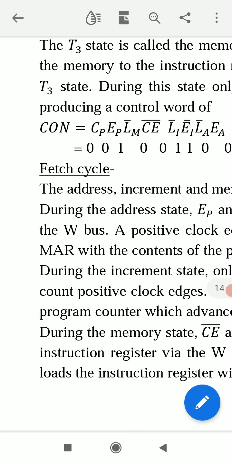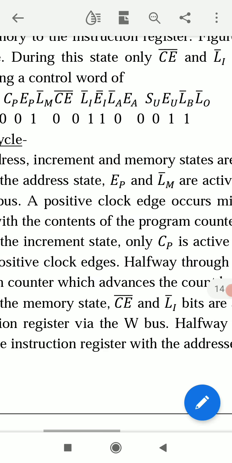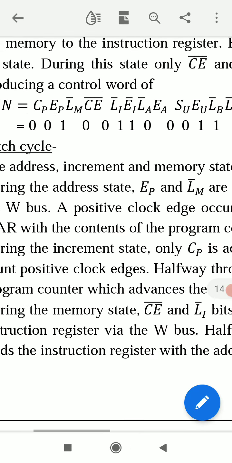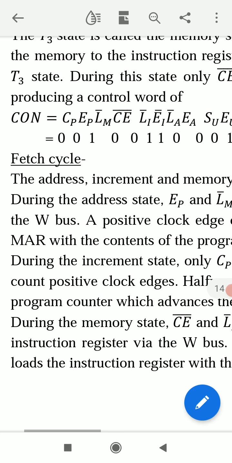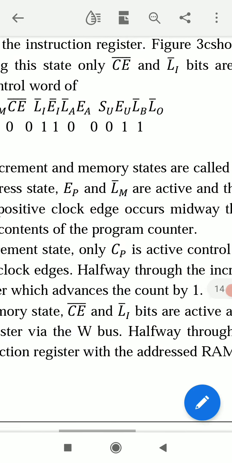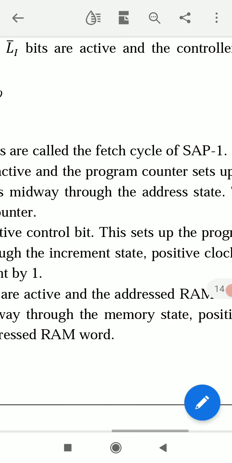Fetch cycle: the address, increment and memory states. These three states, T1, T2 and T3, are address state, increment state and memory state. These three states are called the fetch cycle of SAP1.